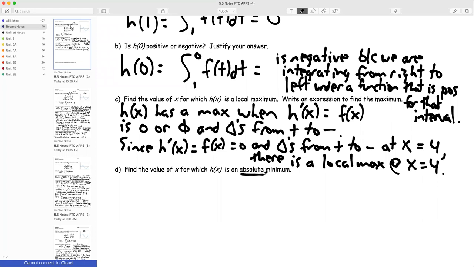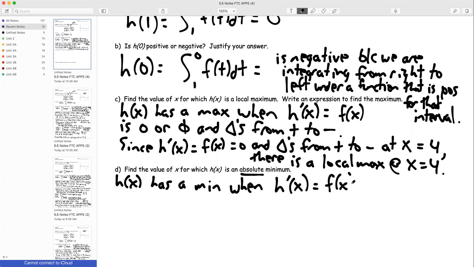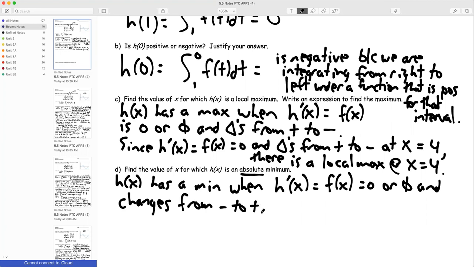So I'm going to say h of x has a min when h prime of x, which is equal to f of x, equals 0 or undefined, and changes from negative to positive.